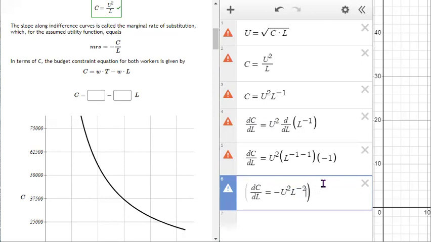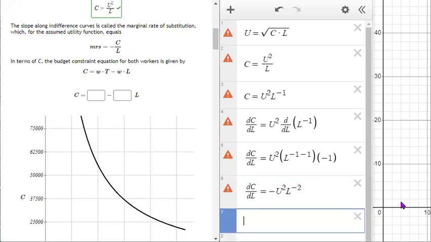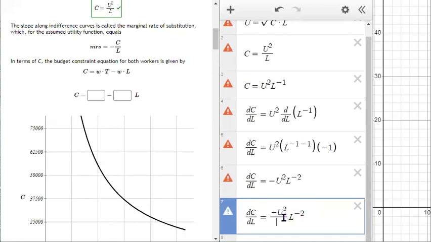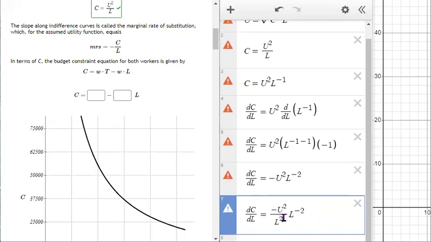So I'm going to delete this part. The next thing I'm going to do is move the L to the minus 2 back into the denominator, right? And how do I do that? Well, I'm just moving this into the denominator by making the exponent positive, so L squared, right?